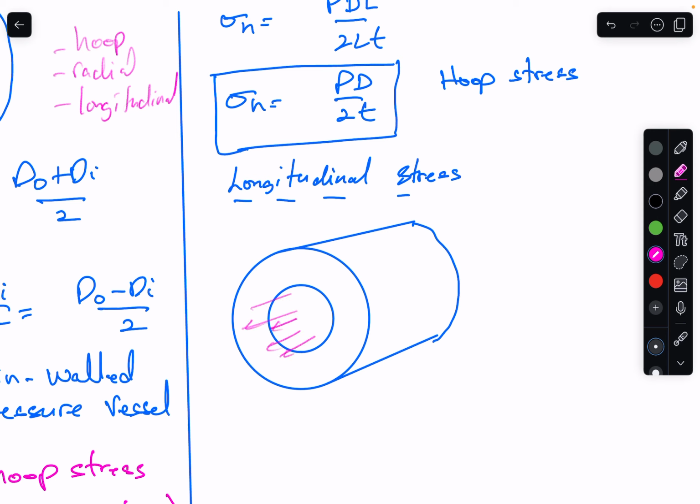We looked at the pressure bursting the pipe in the outward direction. Now we're going to look at the pressure pushing it in the longitudinal direction. That force generated by that pressure must be counteracted by a force in the material in that direction, and we call that stress longitudinal stress because, again, longitudinal direction.